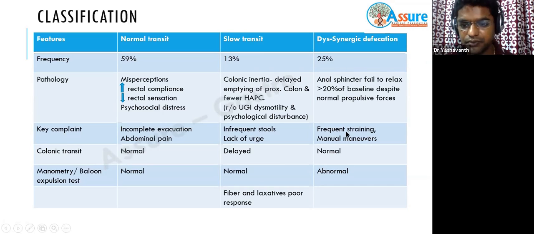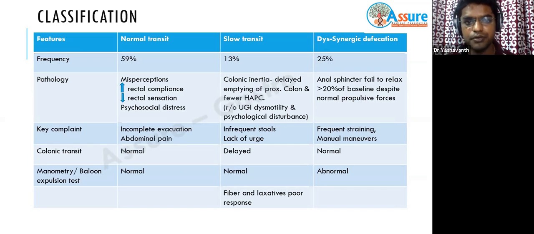That is the easy way. Usually the key complaint will be frequent straining, and they will have digital maneuvering to pass the stool. This is one of the most important histories you should ask whenever a patient comes to you with constipation, because as a physician we might not be dealing with constipation and incontinence during our MD days, but as a gastroenterologist it's quite important.